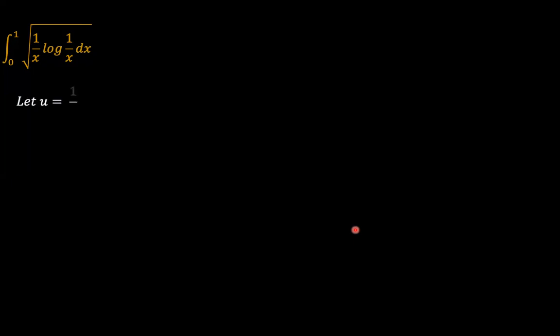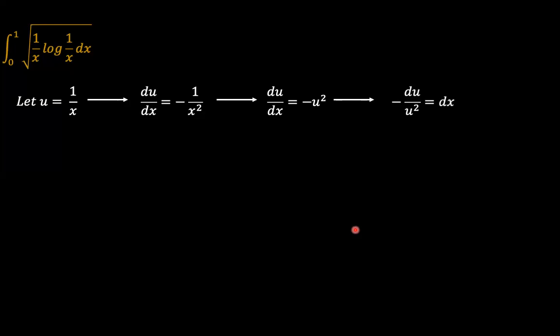So I'll say let u be equal to 1 over x, and that means that du dx is negative 1 over x squared, meaning that now du dx is equal to negative u squared. And so we can divide both sides by negative u squared and also multiply across by dx. And so negative du over u squared is equal to dx.